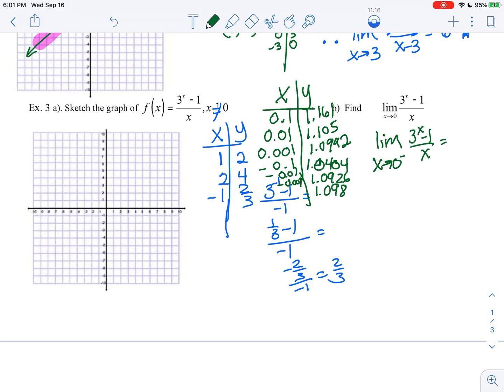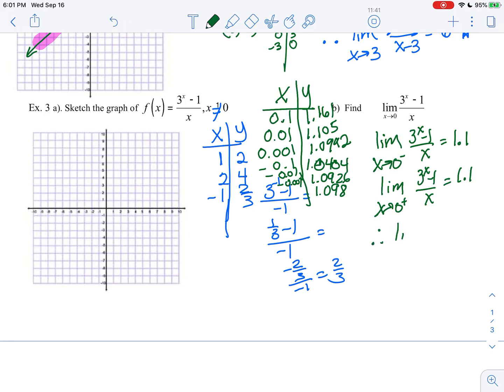So if I look at the left side, if I'm getting closer and closer to 0, doesn't this look like it's getting to 1.1, 1.098? It's getting closer and closer to 1.1. And if I come in from the right side of 3 to the x minus 1 over x, that's also getting closer and closer to 1.1.